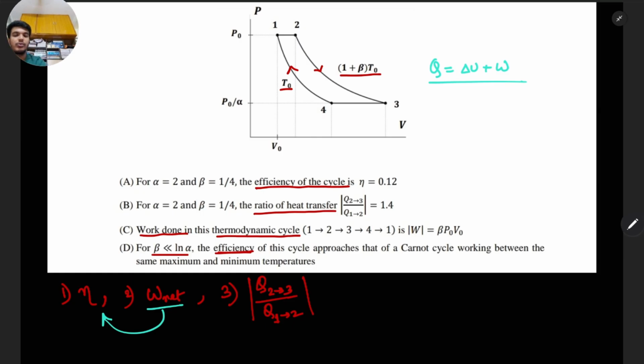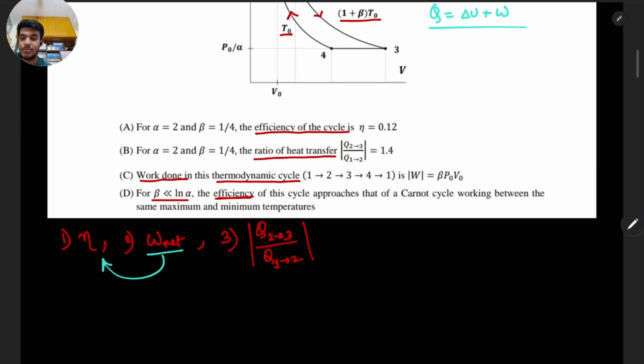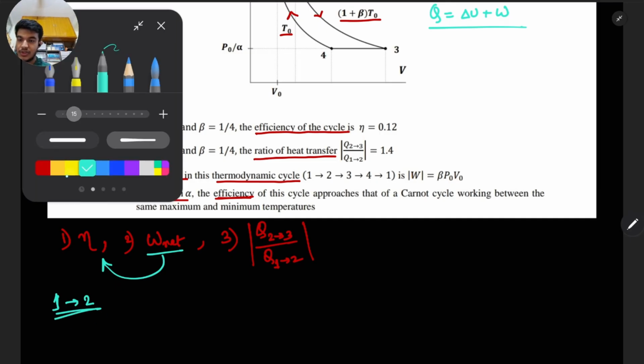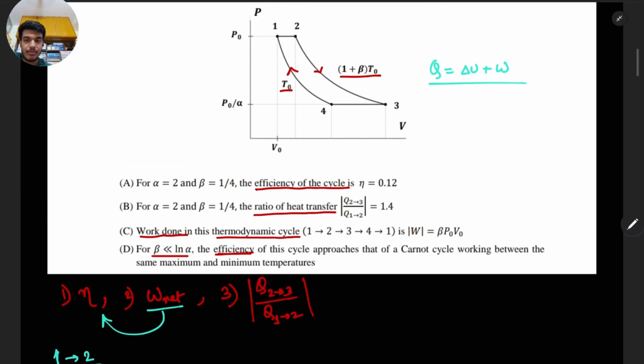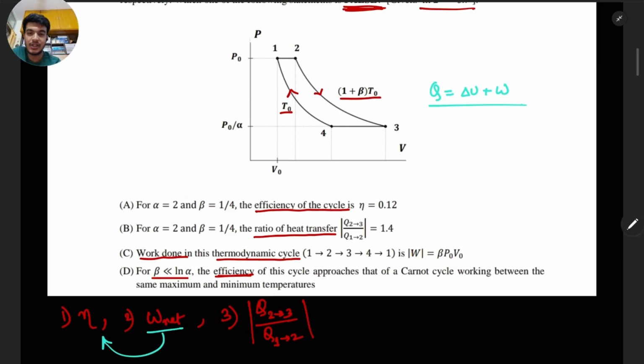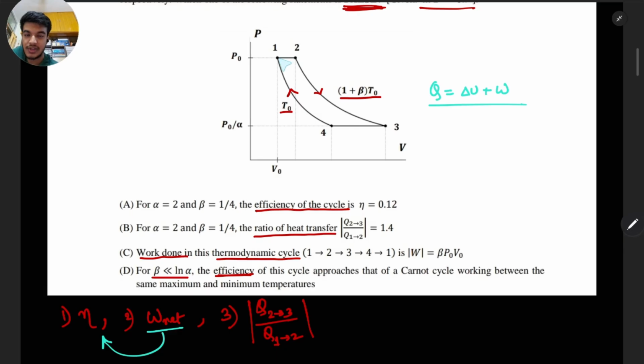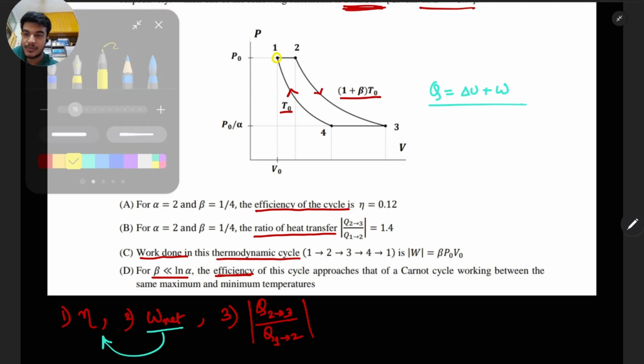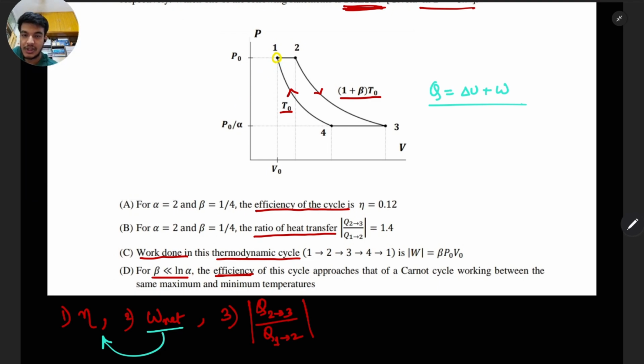So in the first process 1 to 2, first let us look at the condition of the states. In state 1, the temperature is T0.